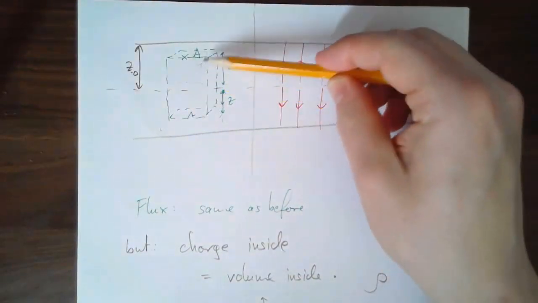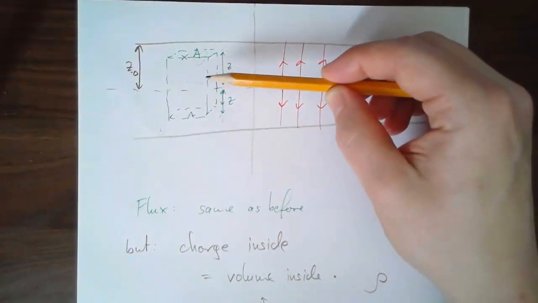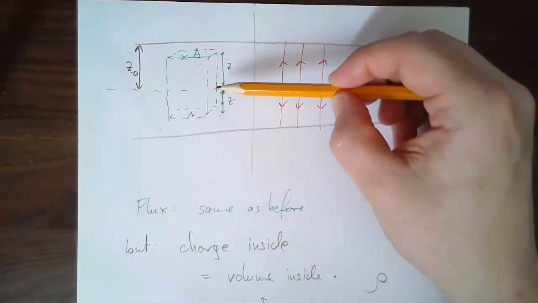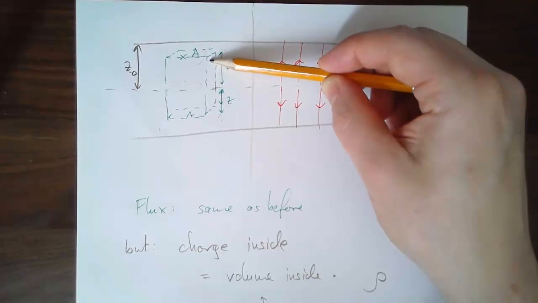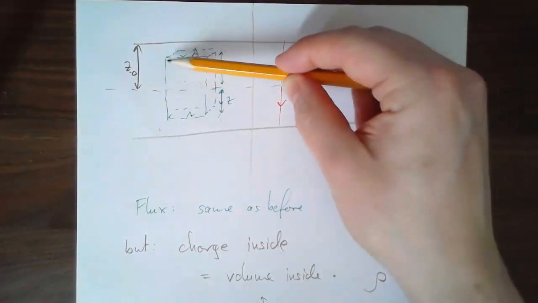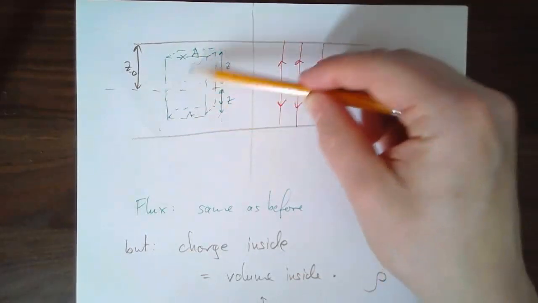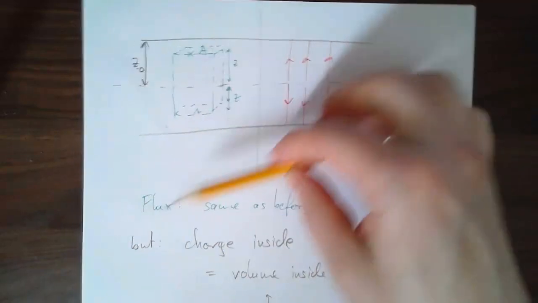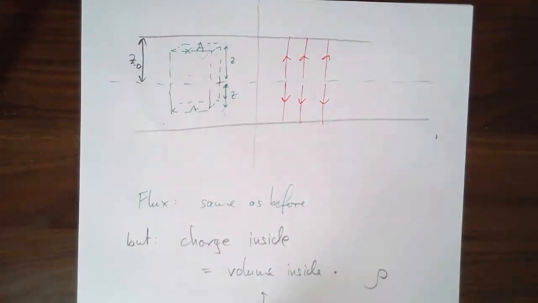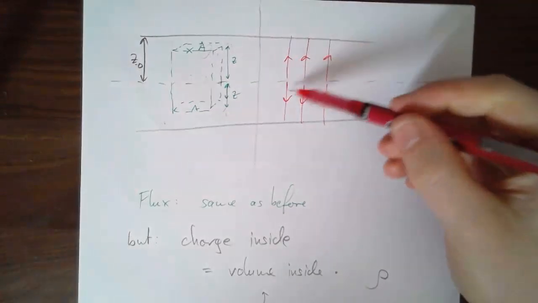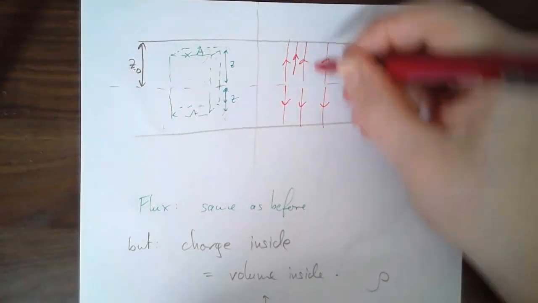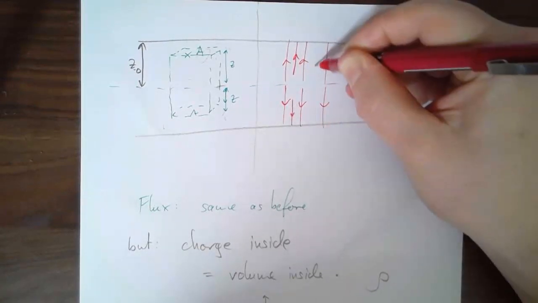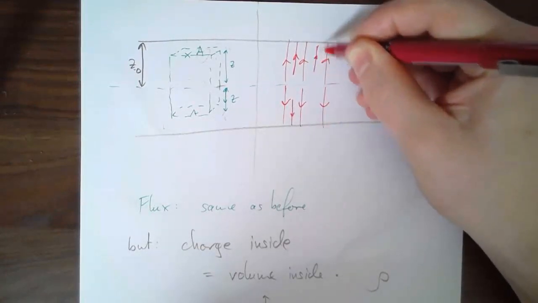So in this case, when you're inside, the field strength does depend on how far from the center you are. The higher up you go, the bigger your Gaussian volume, the more charge on the inside, the stronger the field. So a more accurate depiction of this is something like this, where more field lines start further up.